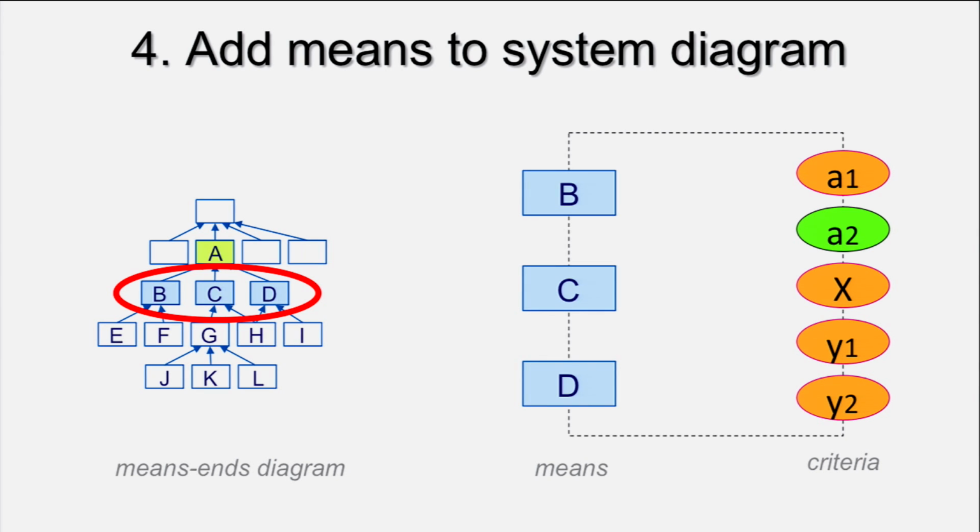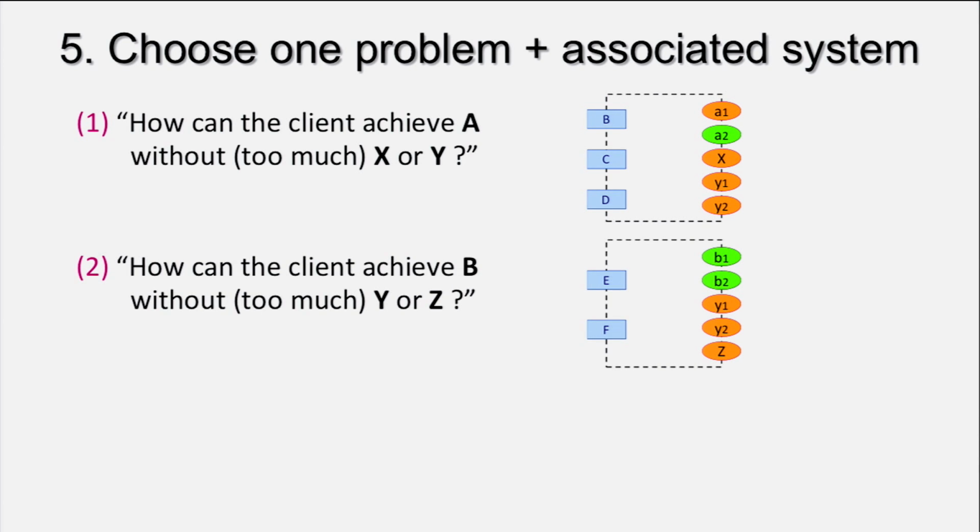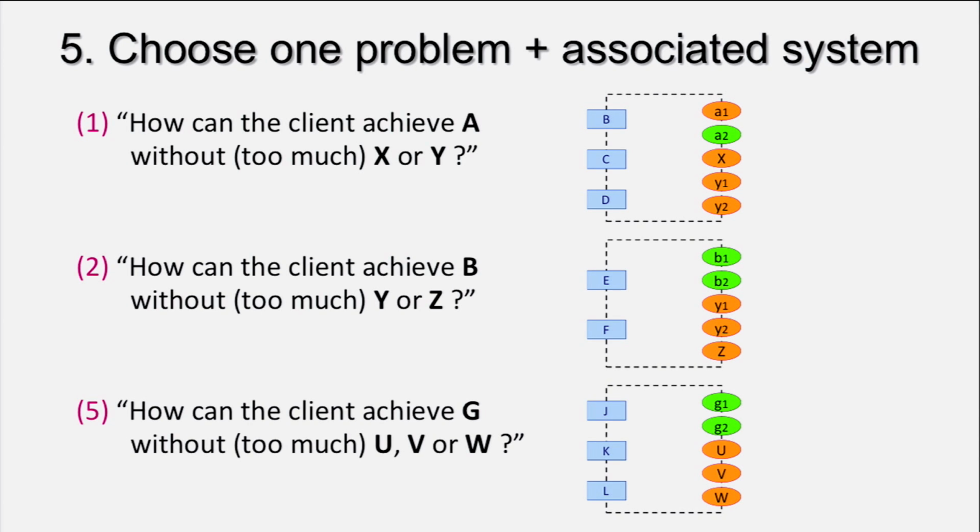If we do this for each of the alternative problem statements, we get an overview of alternative ways of demarcating our client's problem. In this case, 3 different problems with 3 different demarcations. This illustrates that depending on how we demarcate the problem, we will focus our further analysis on different measures that our client may take and on different outcomes of interest.